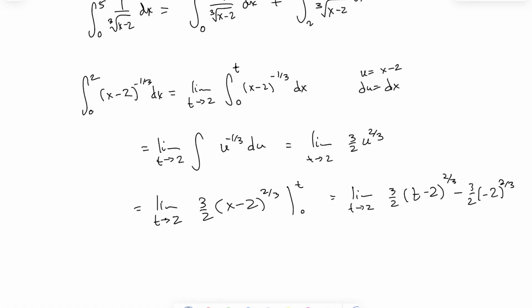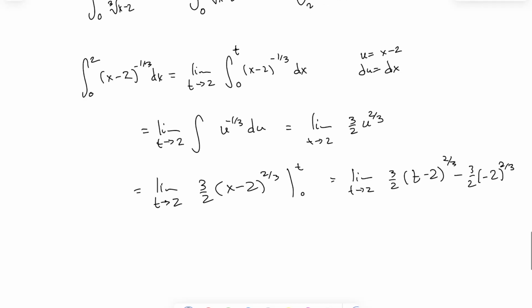And then we're going to plug in t equals 2. This out here is just a number, this part back here. When I plug in t equals 2, it's just going to say 0 to the 2/3, which is 0. So the limit does exist. And it's just equal to, well, I'll write it in. 2 minus 2, right? That's what you get when you plug in 2. And then minus 3/2 negative 2 to the 2/3.